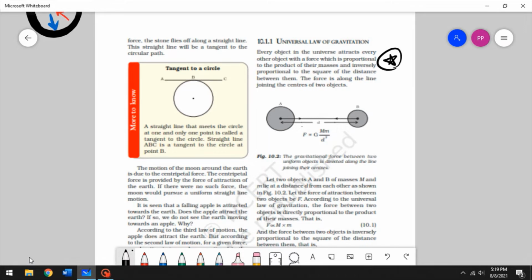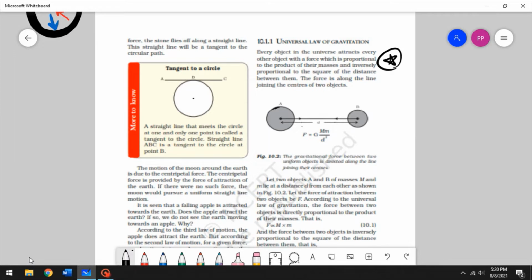You can say every object in the universe attracts every other object with a force inversely proportional to the square of the distance between them and directly proportional to the product of their masses. But you can't change anything internally because it's a very strict law. There are not many synonyms that you can add. So it's important that you memorize this law.